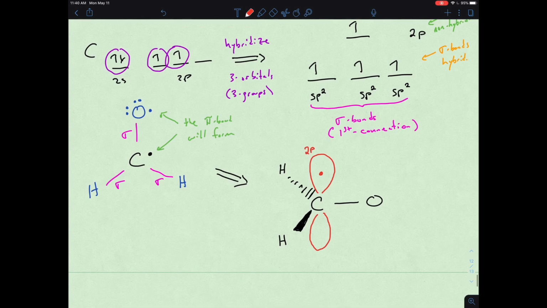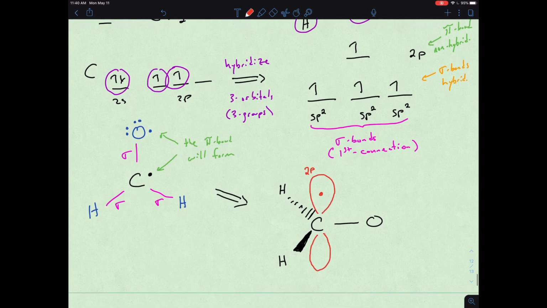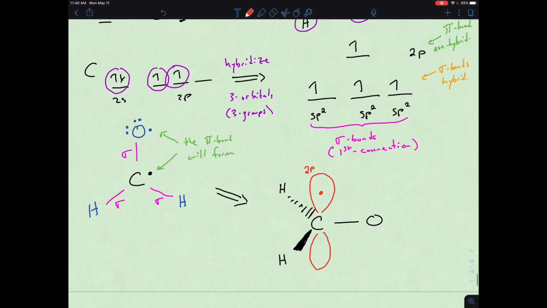If we look, scrolling up a little bit up to the top right, we've already handled the 3 electrons at the bottom with the sp2 hybridized set for the first connection for the sigma bonds, but yet we saw this 1 extra electron that's actually out there in the 2p. And we actually find the same thing is going on with the oxygen. Let's just concentrate on the carbon for right now.